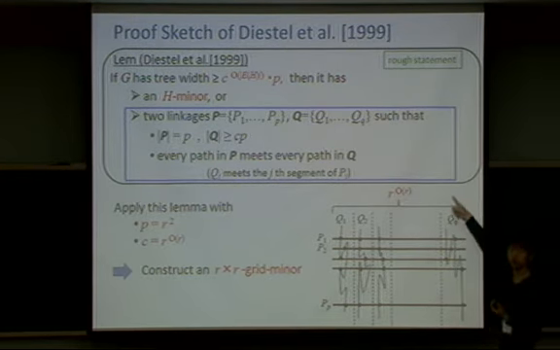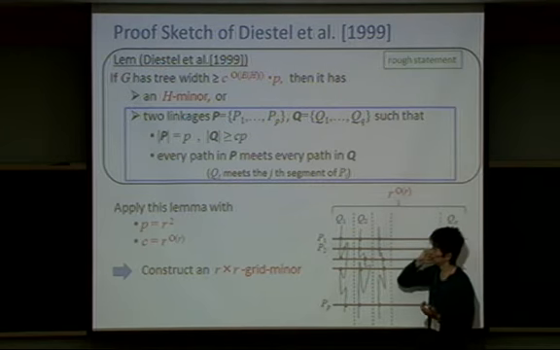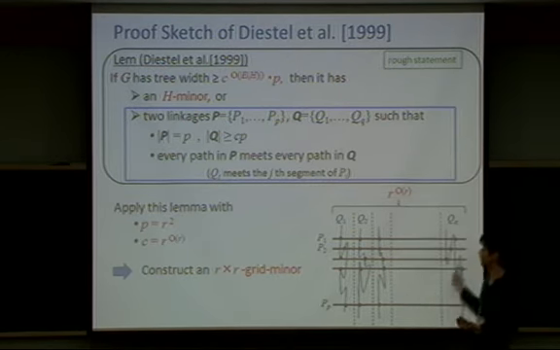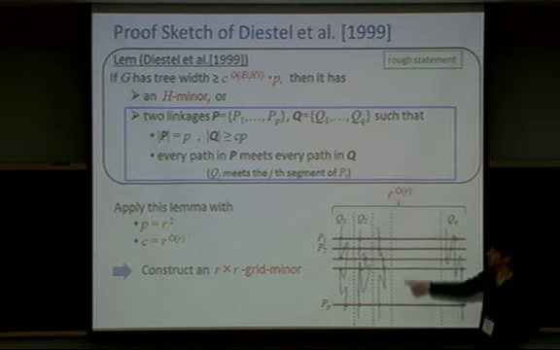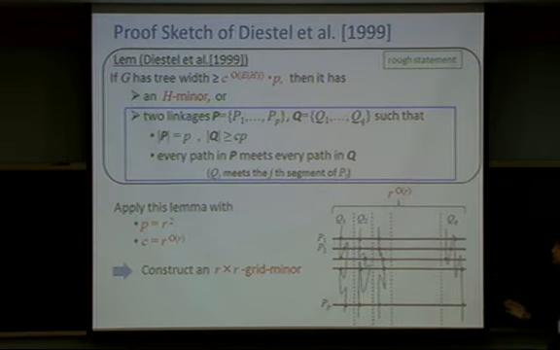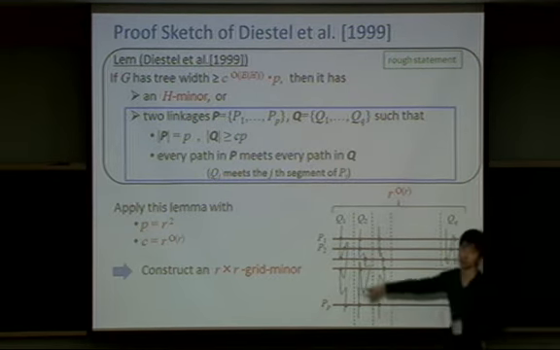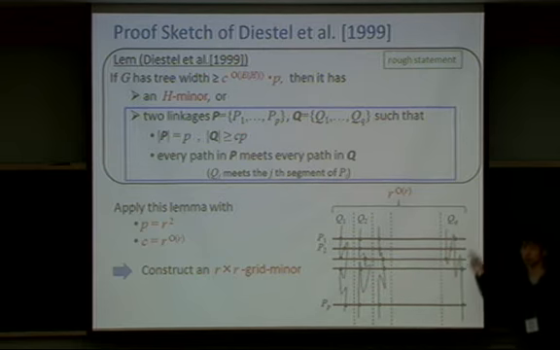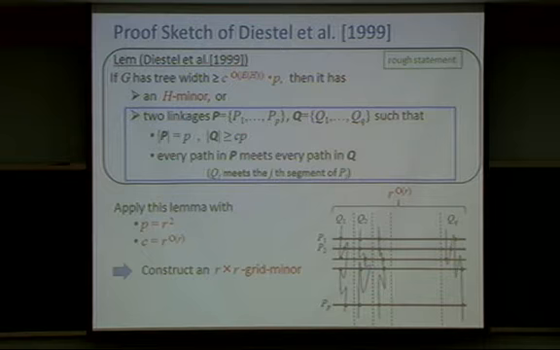And if the second conclusion is obtained, we have two linkages like this. Then in this case, they construct an r times r grid minor by using these two linkages. Okay. This is an outline of their proof. Okay. So let me explain how they construct an r times r grid minor by using these two linkages.